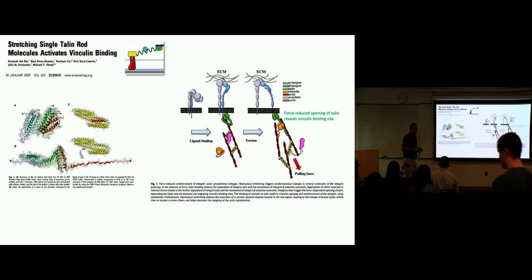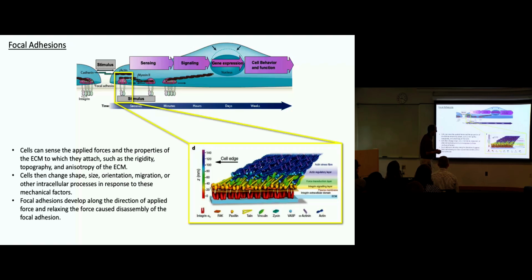Ultimately, almost all pulling forces intracellularly that attach to the adhesions are through myosin and actin. This actin right here is attached to myosin molecular motors. These myosin molecular motors cause contraction and pull on that actin, which then pulls on that adhesion.